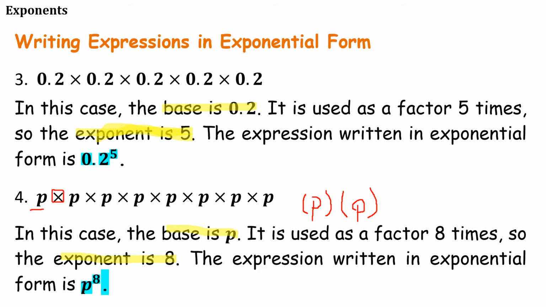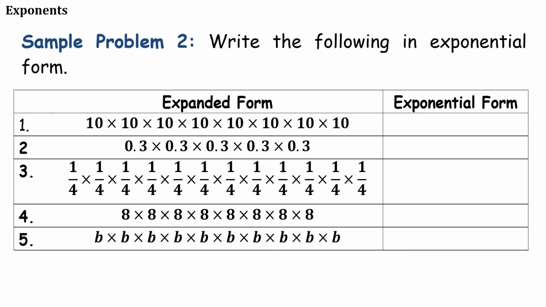So I can use parentheses just like that, or I can just write a dot in the middle, and I can see that that's a multiplication instead of using that x. Just a little side note there.